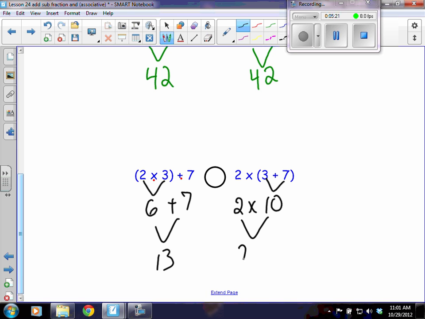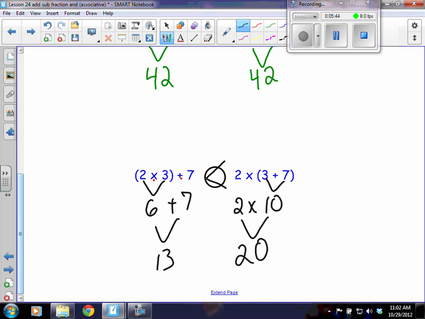And in the end, we see that the parentheses now make a huge difference as to what our answer is going to be, since in the end our answer is greater on this side. And so parentheses make a difference when it's multiplication and addition.